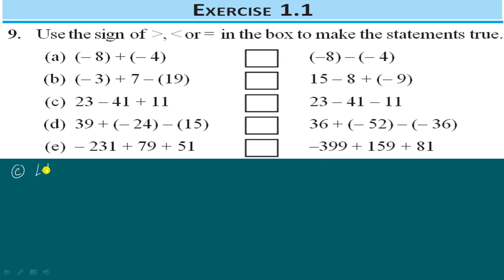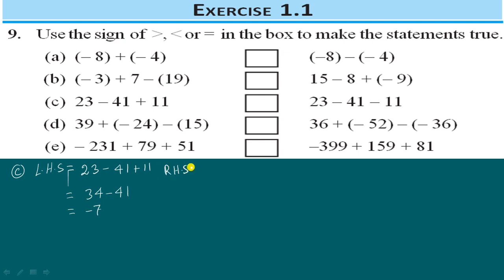First we'll take the left hand side. Left hand side is equal to 23 minus 41 plus 11. If we add this one, 23 plus 11, that is 3 plus 1 is 4, 2 plus 1 is 3, 34 minus 41, that we are getting minus 7.